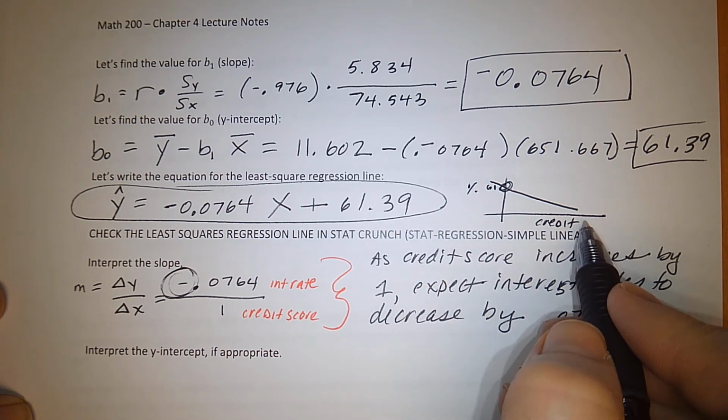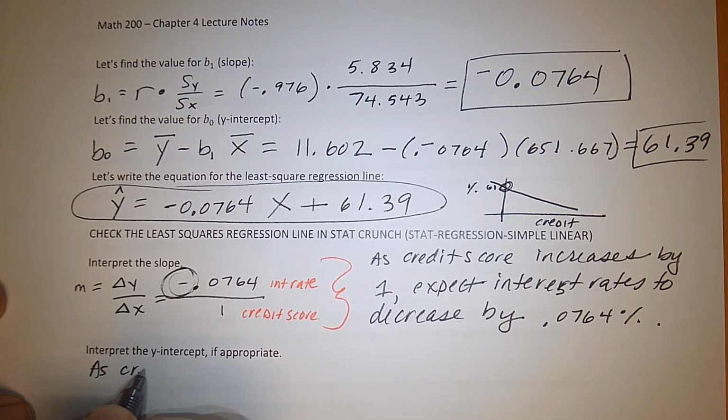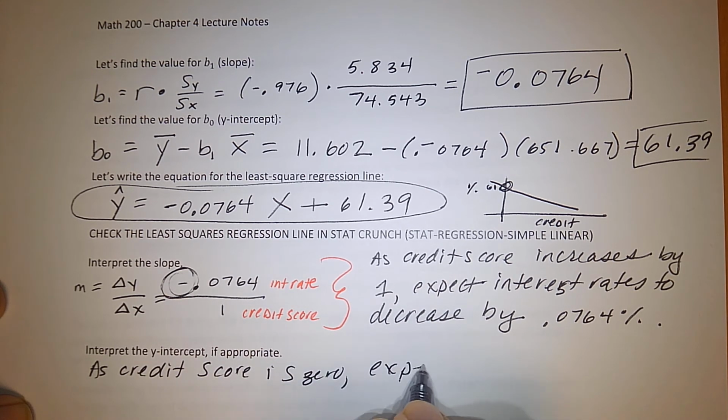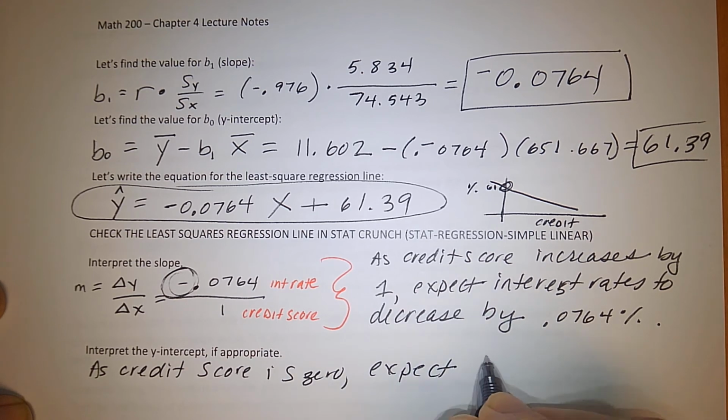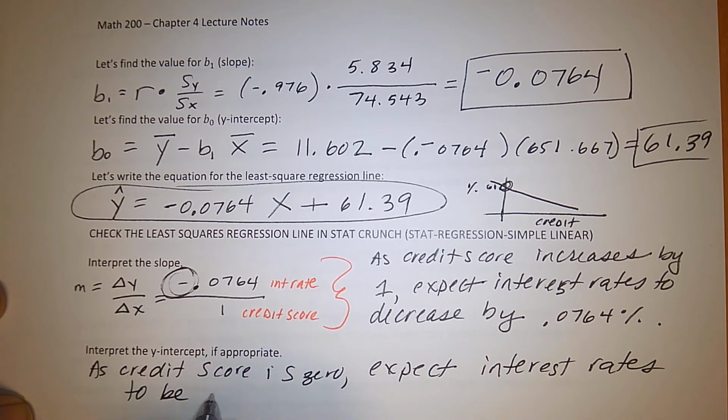Okay, so what this is saying is as your credit score is 0, we would expect interest rates to be 61.39%.